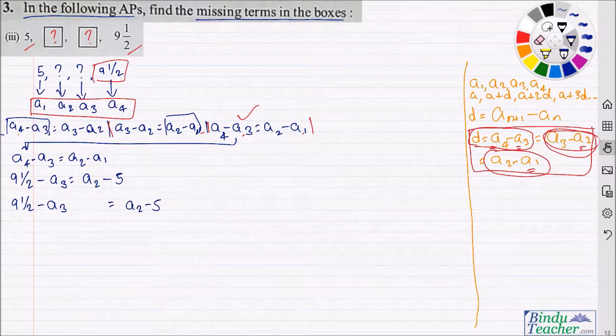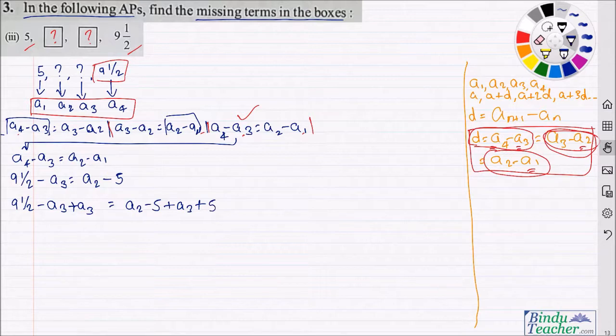Now I want to remove A3 from the left hand side. Since it is minus A3, I will add plus A3, and that same plus A3 I should add to the right side as well. This is because I want to balance the equation. Also, I want to remove minus 5 from the right side of the equation, so I will write plus 5 here.